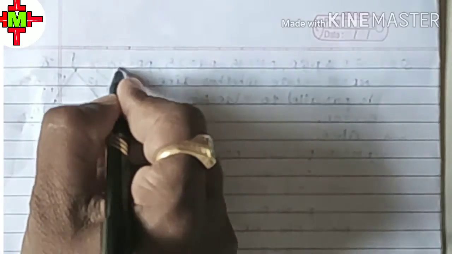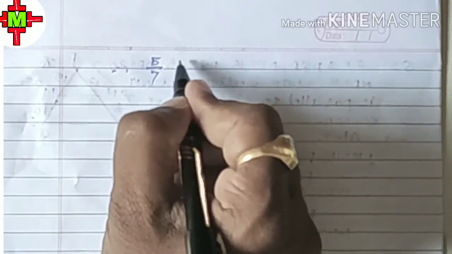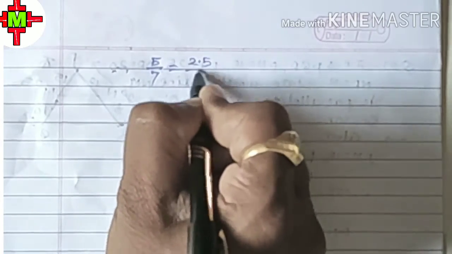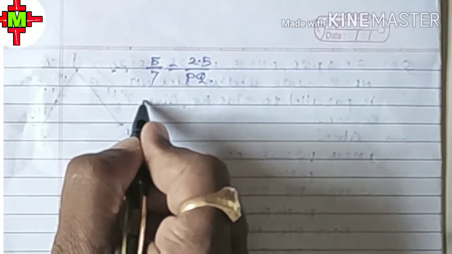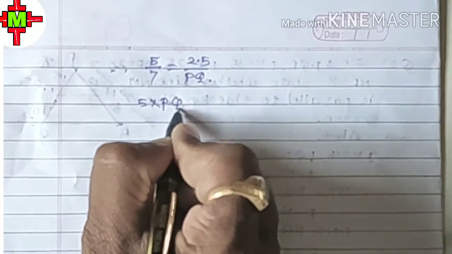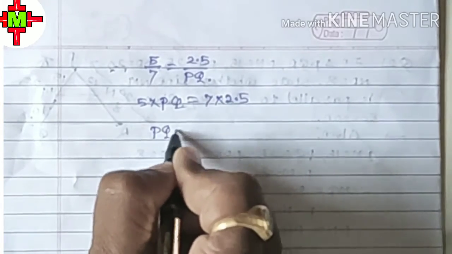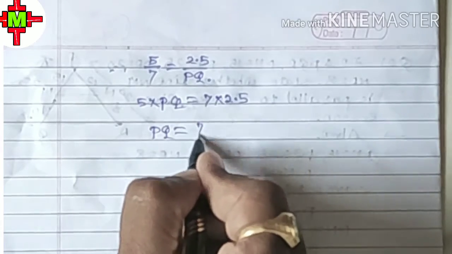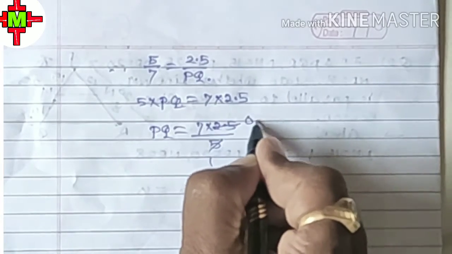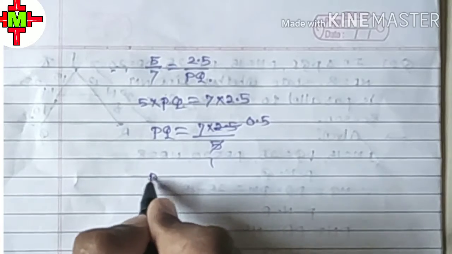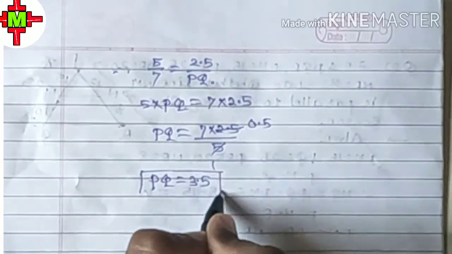Therefore, 5 divided by 7 is equal to 2.5 divided by QP. Now 5 into PQ is equal to 7 into 2.5. PQ is equal to 7 into 2.5 divided by 5. We reduce it. We have PQ is equal to 3.5. This is the answer.